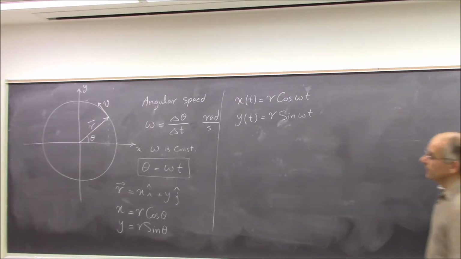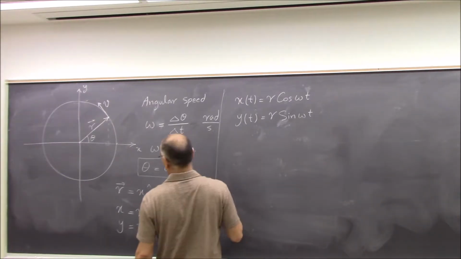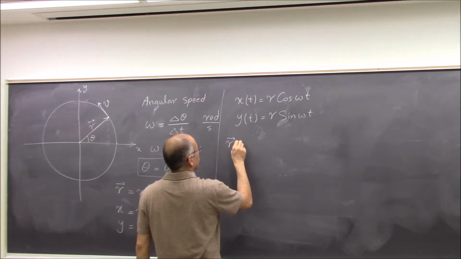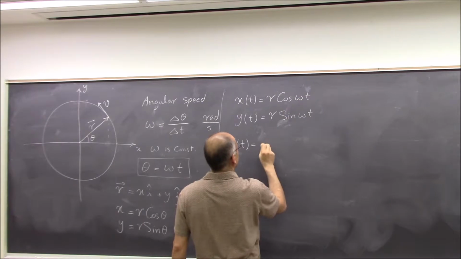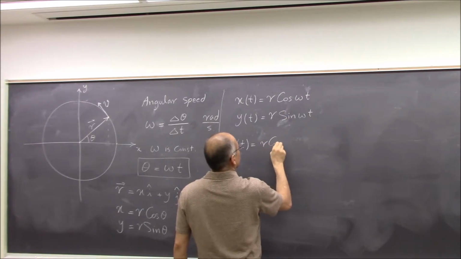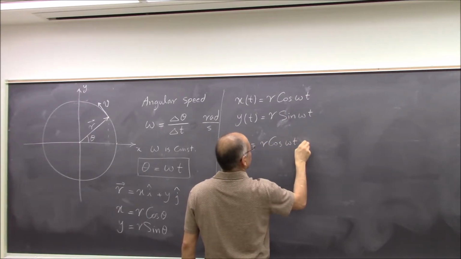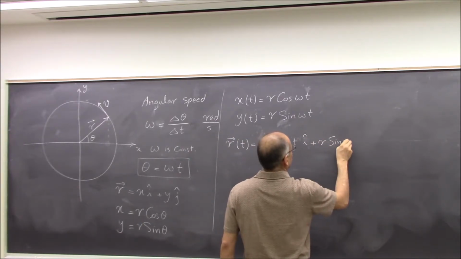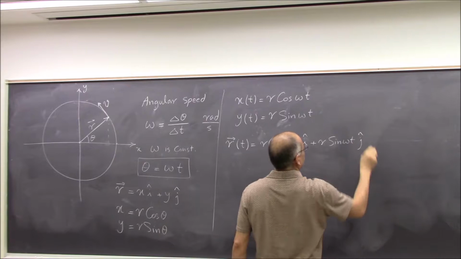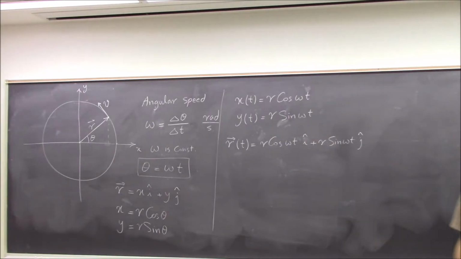Of course, if you want to write the r vector in terms of time explicitly, it becomes r cosine omega t i hat plus r sine omega t j hat. Right? Does it make sense so far?